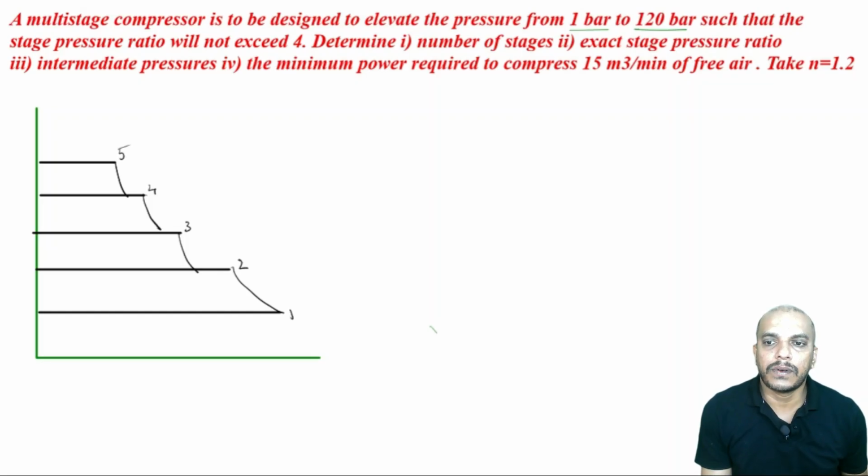As of now, I have assumed 4 stages because here also it is said that pressure ratio, this is not number of stages, this is actually pressure ratio, should not exceed 4. So, pressure ratio, remember we had denoted by x.